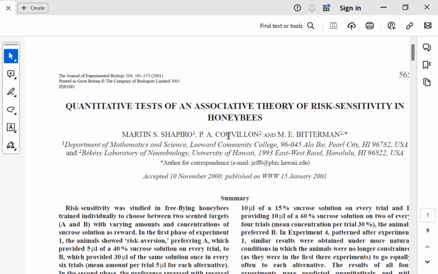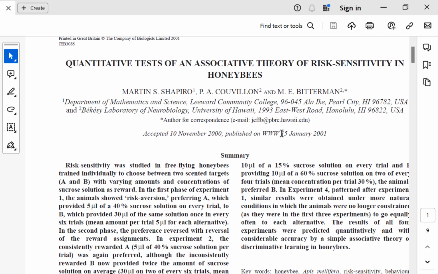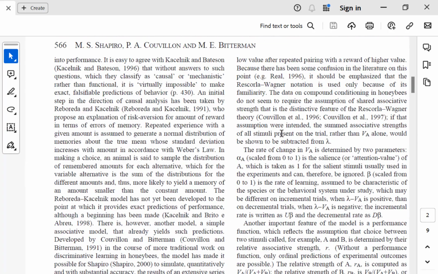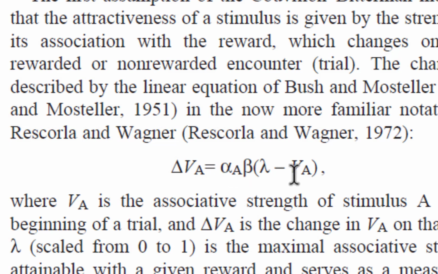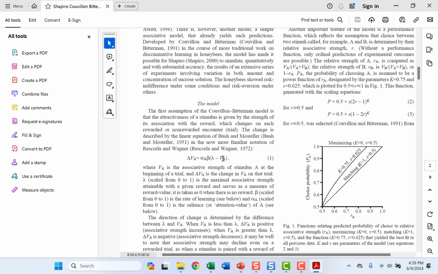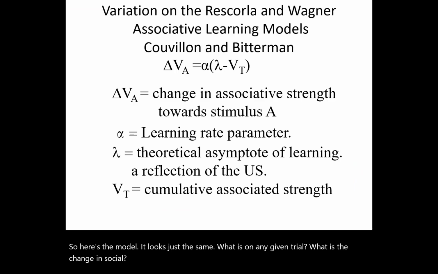There's me, there's Pat Couvillon, people called him Jeff Bitterman, but his first name was Mort, but everybody called him Jeff. And you can see we did some research with honeybees, and we used a variation of this model right there. So I'd like to talk about that because I think that model, which is very similar to the Rescorla-Wagner model on its assumptions, is a little easier to understand, and I think still gets the point across. So here's the model.